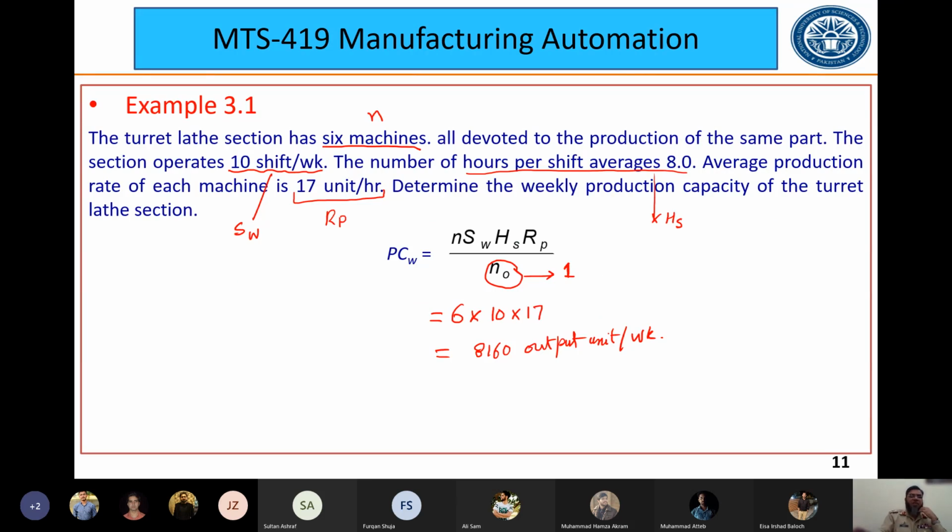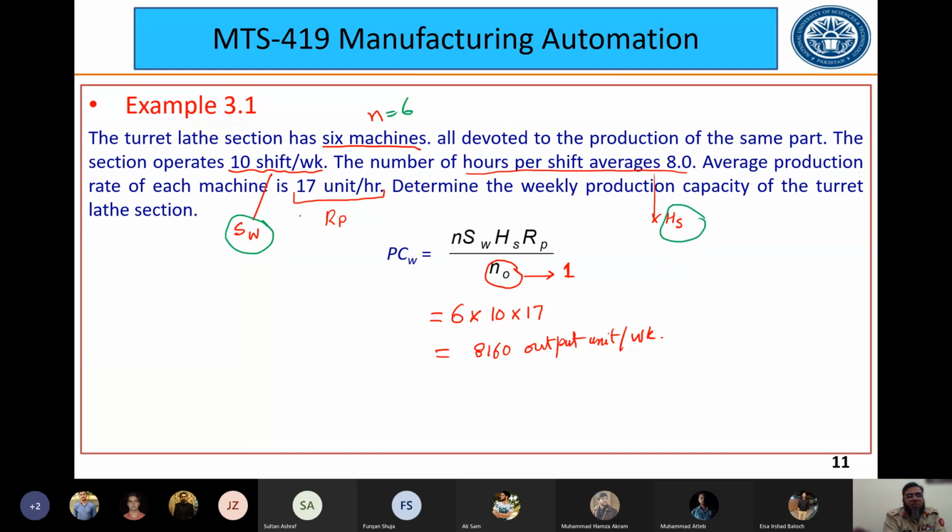So this is an example that a turret lathe section has 6 machines, so N is equal to 6, all devoted to the production of the same part. The section operates 10 shifts per week, so this is SW. The number of hours per shift is 8, this is HS.